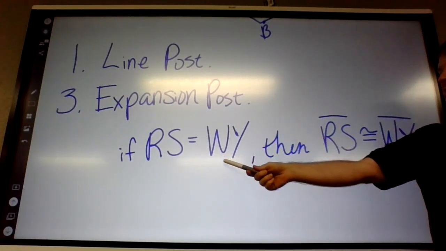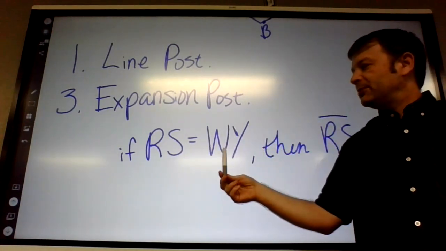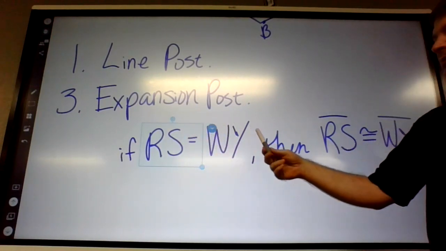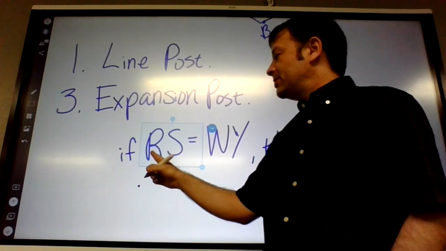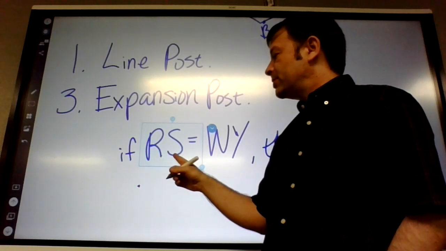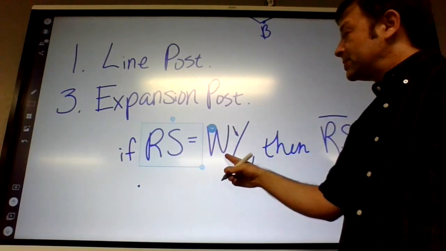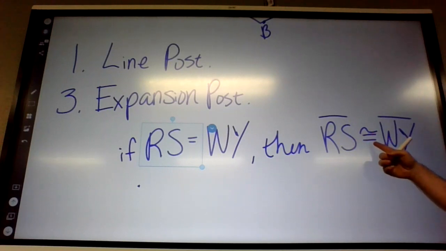Okay. Well, what's the difference between these two things? If RS equals WY, what do they mean by RS? They mean the length of the segment RS. So if the length of segment RS equals the length of segment WY, then segment RS is congruent to WY.